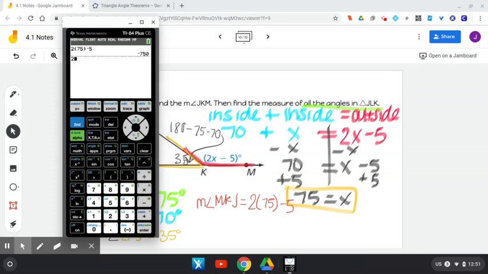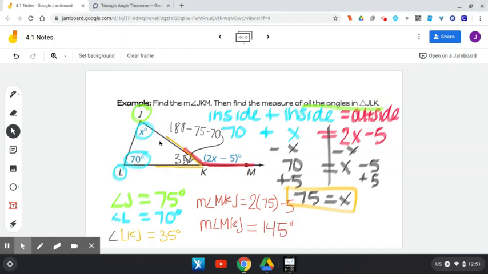I'm sorry. 2 times 75 minus 5 is 145. I knew I made a mistake on my calculator because it doesn't make any sense to have a negative angle or an angle that's bigger than 360. So the measure of MKJ is 145 degrees, which should match up with the 70 plus x, 70 plus 75.